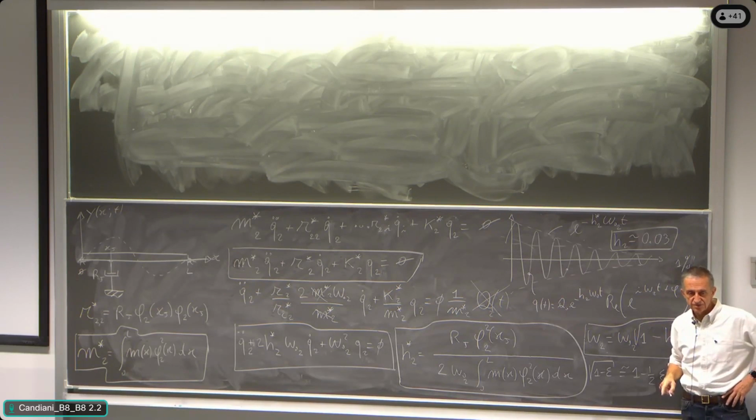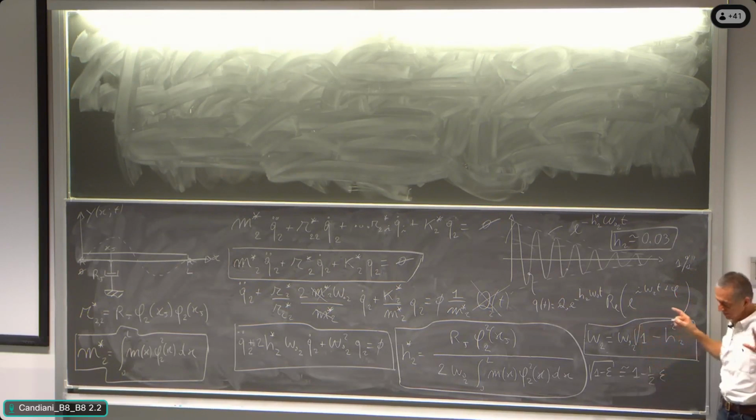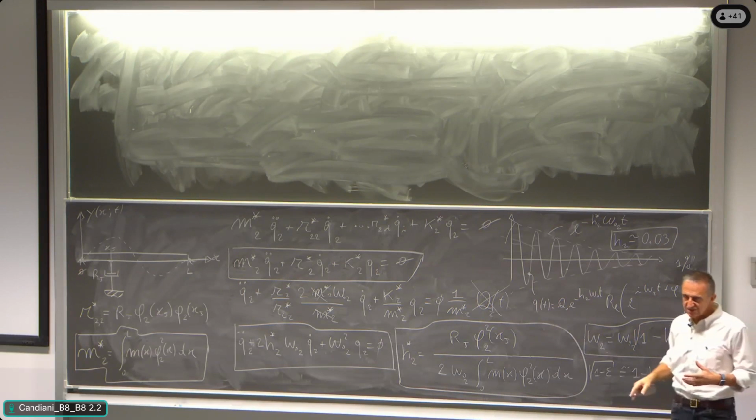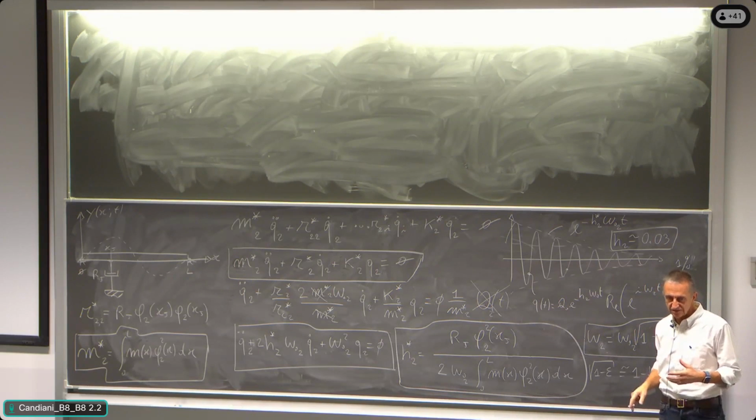So the square of that is about 1 over 1,000, and the correction of the frequency is about 1/2 of 1 over 1,000, if I did not make a mistake. So we must be aware that it is true: the damped system has a frequency that is lower than the non-damped system. But the question is how much?